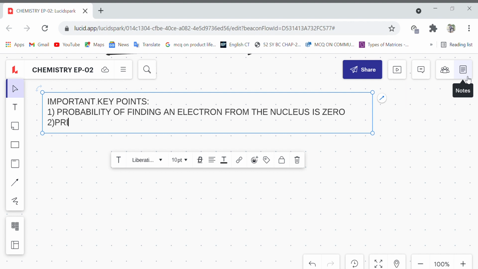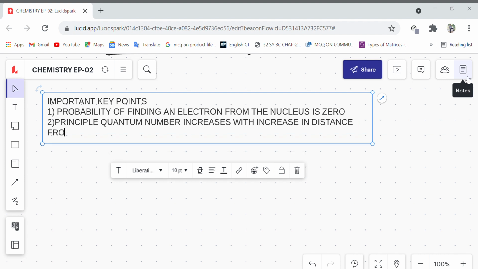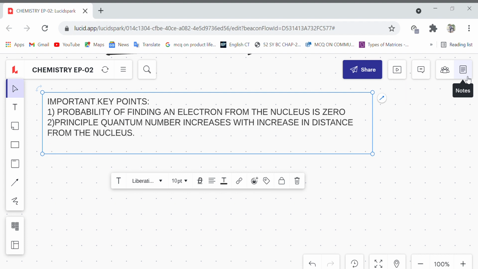I can write it like this: principal quantum number increases with increase in distance from the nucleus. So this is the second one. Principal quantum number increases with increase in distance from the nucleus, and they both are directly proportional.